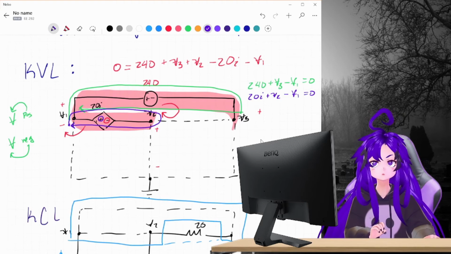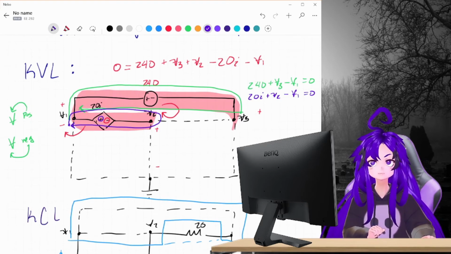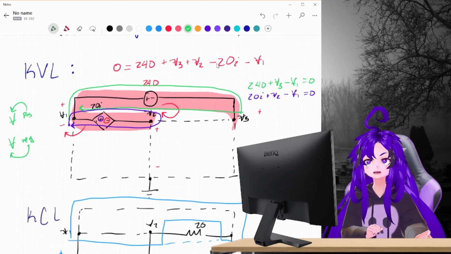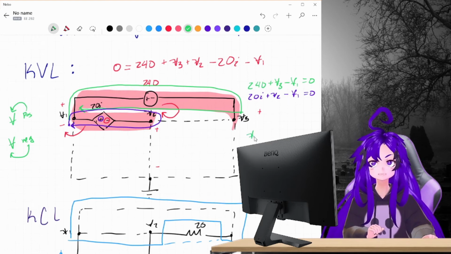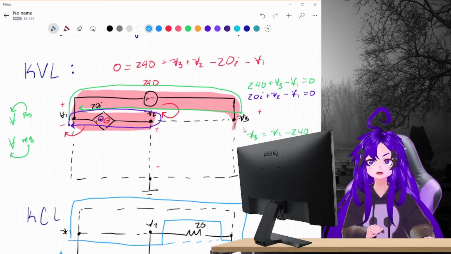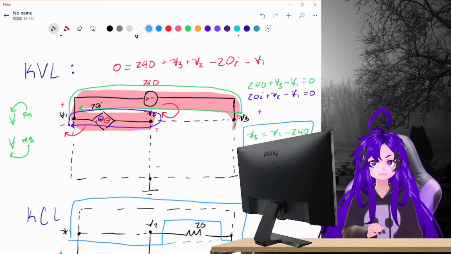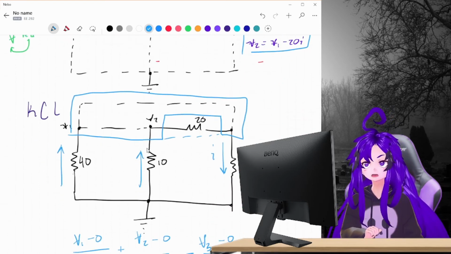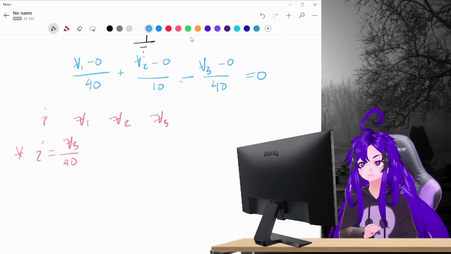So what we're going to have is V2 equals V1 minus 20i. And we're going to have V3 equals V1 minus 240. So these are our other equations. These are the missing link. So I'm just going to rewrite them down here.